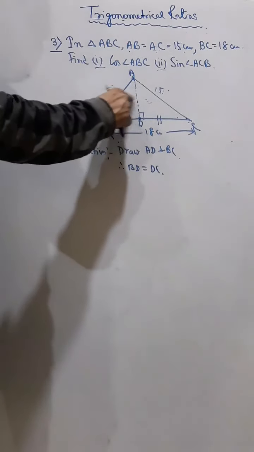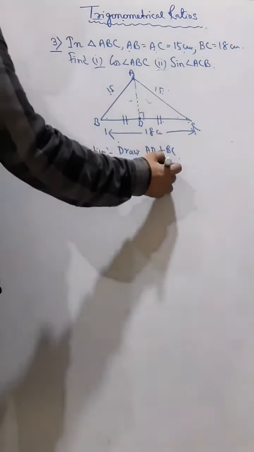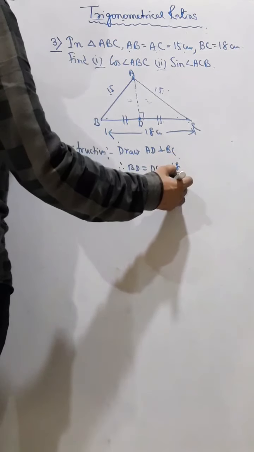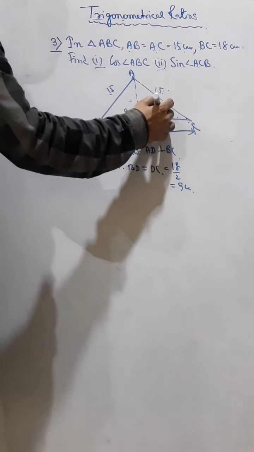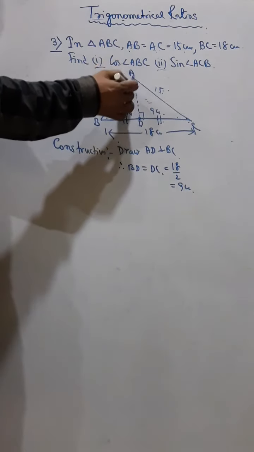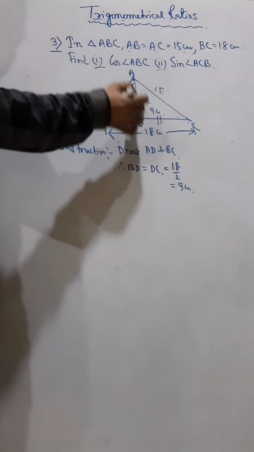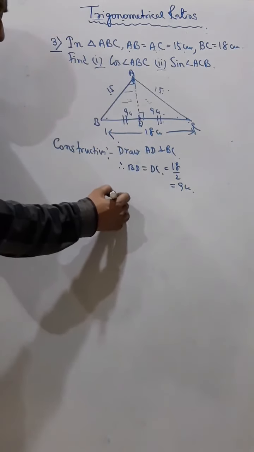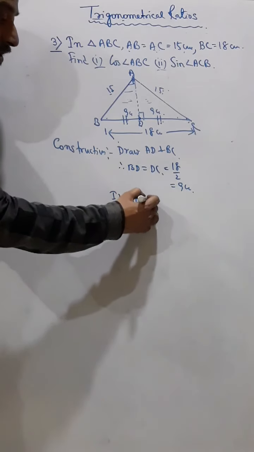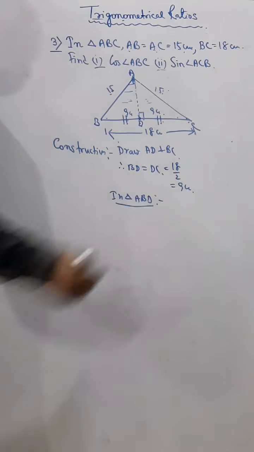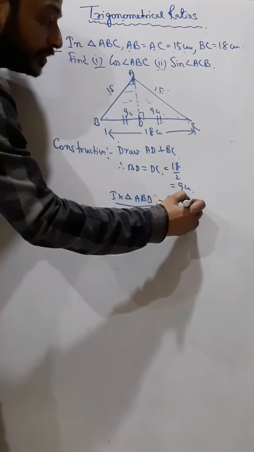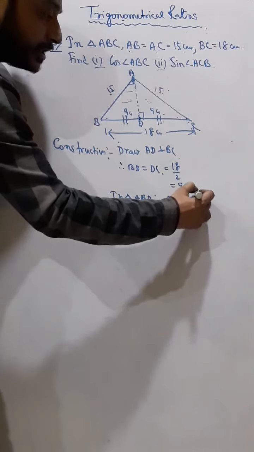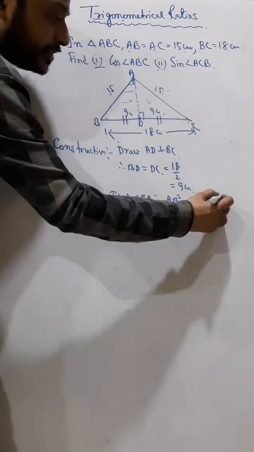Now if we prove these two triangles congruent, then you can say this equal to this. So BD is equal to DC, and that becomes 18 by 2, which is equal to 9 centimeter. So this becomes 9 and this becomes 9. And now by applying Pythagoras theorem in any of these, I can get AD. So in triangle ABD, I can say AB square is equal to AD square plus BD square.